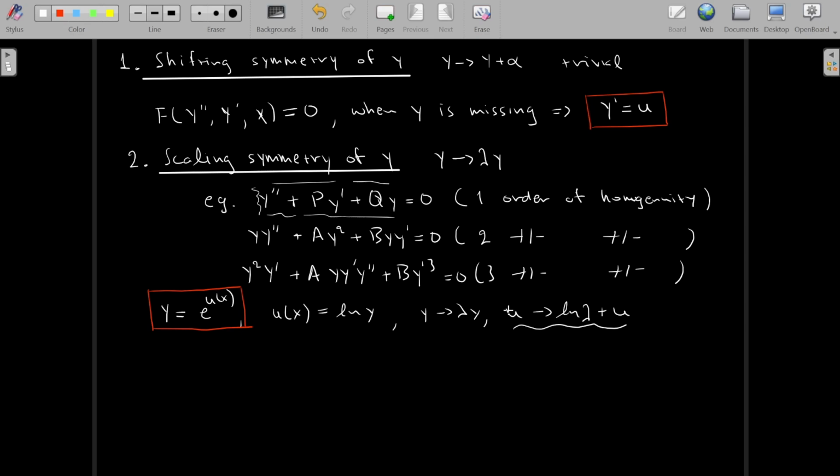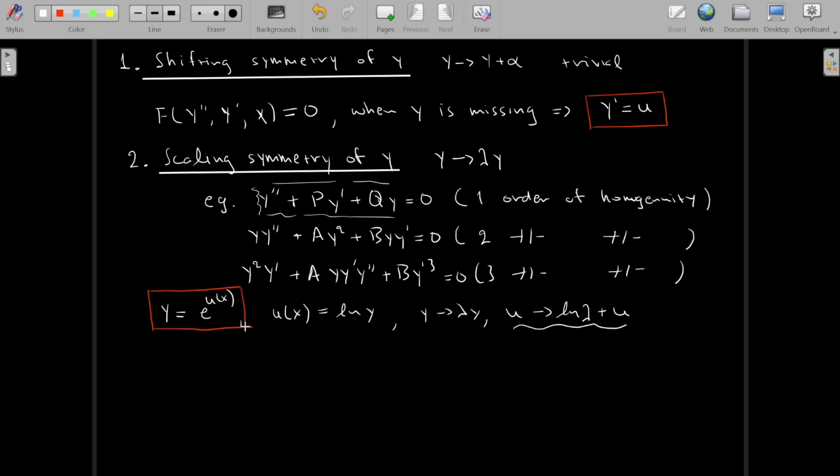So when we employ this variable in our equation, if this equation holds, then what we have done is transform the equation into this form. So we went from scaling symmetry of y to the shifting symmetry of u by this transformation.